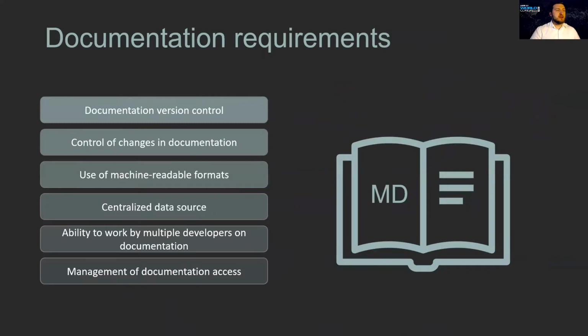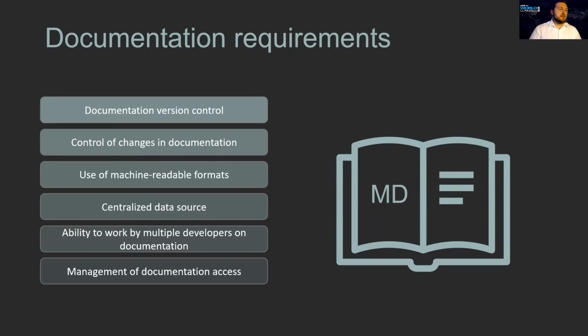Thus, we want to satisfy the following requirements for documentation. Documentation update: all employees working with the network can receive the latest version centrally. Documentation change control: we can control what, when, by whom, and where changes have been added using machine-readable formats. Unfortunately, over time, it is extremely difficult to check changes in multi-page documents, so we are trying to switch to Markdown.